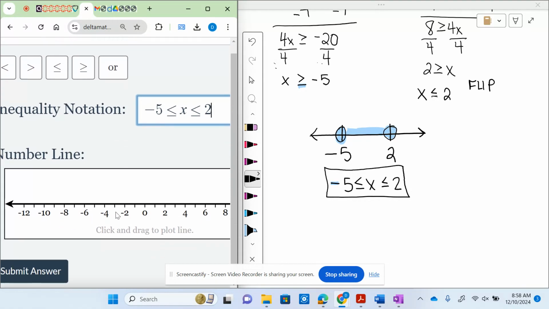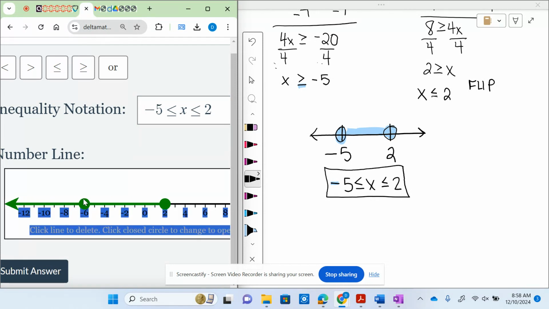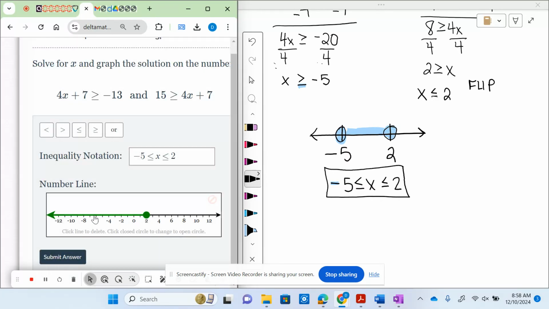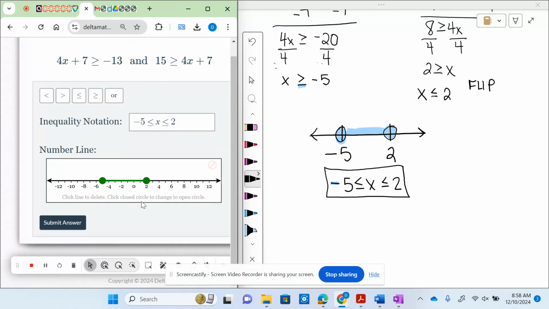So on my number line, I'm going to go to 2 and negative 5. I really don't know how to make. Just click on the negative 5 and draw, or click on the 2 and draw. Just click on the -5 and it'll plot a line and then drag it. I got you. Thank you so much. Perfect. Thank you for that. I was really struggling.